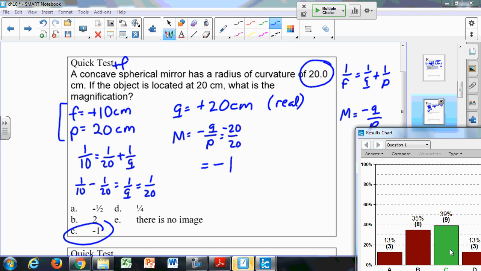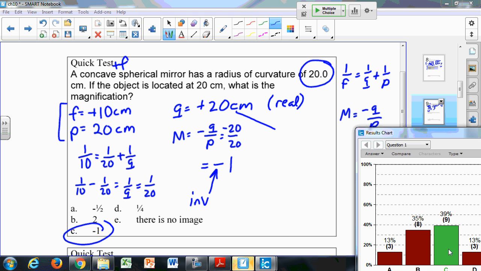Further, I can tell some other things about this image. It's a real image. Is it inverted or upright? It's inverted, because the magnification is negative. Is this image bigger, smaller, or the same size as the object? It's the same size. So first, I can tell it's inverted.